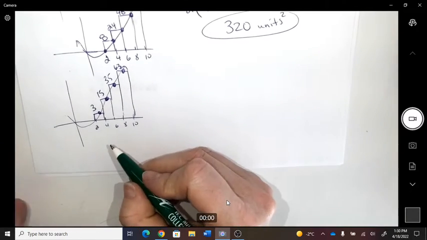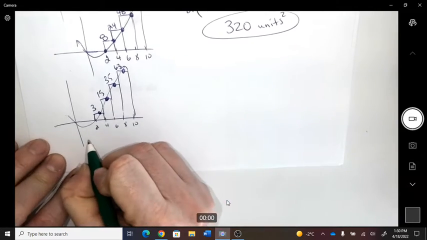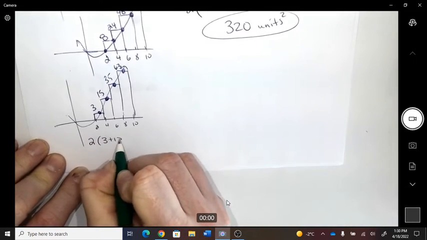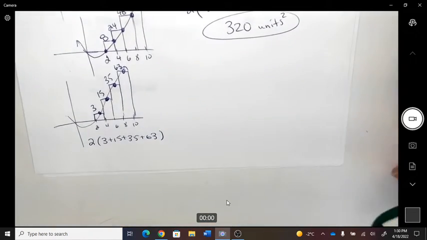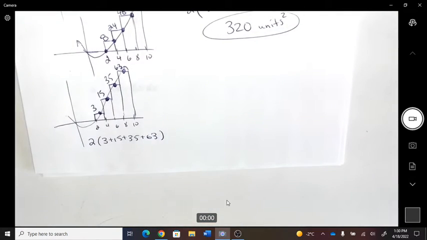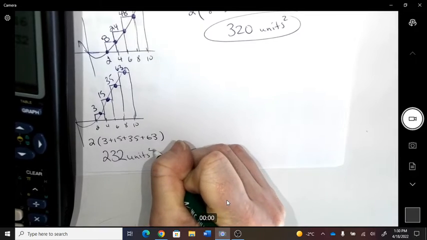Okay, and then it's just all rectangles again. This is a 2 by 3. This is a 2 by 15. This is a... Okay, this one should be close-ish to our real. So 232 is the area that I'm getting on that one.